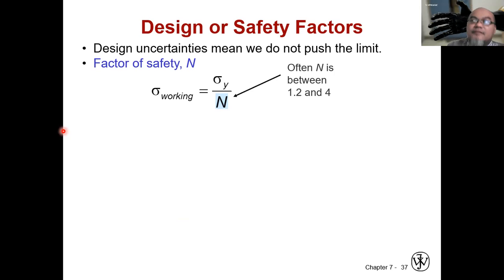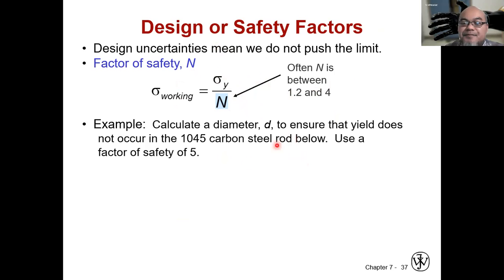So in order that no complications arise, you should try to design such that the working stress should be well below the yield strength limit of that material. This is expressed in the factor of safety N. Usually it is between 1.2 and 4.